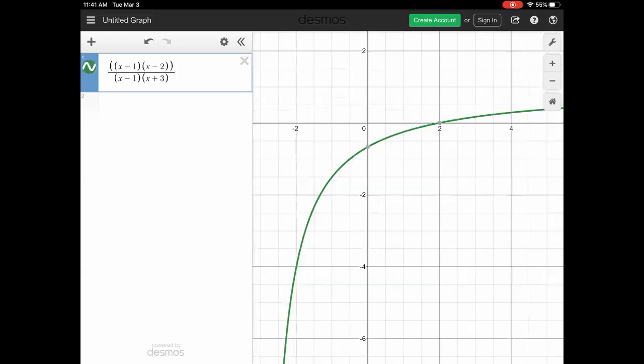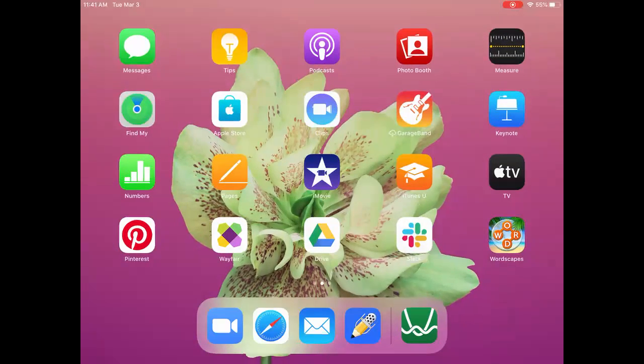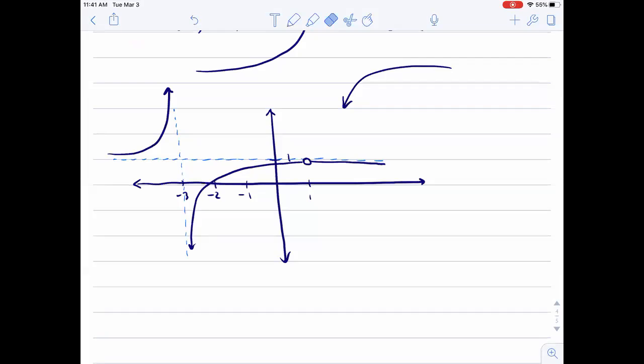So instead of drawing my graph willy-nilly, what I should have done is draw my x and my y intercepts first, so I could map this thing out. Doesn't help that I'm not really to scale here. Kind of wonky.